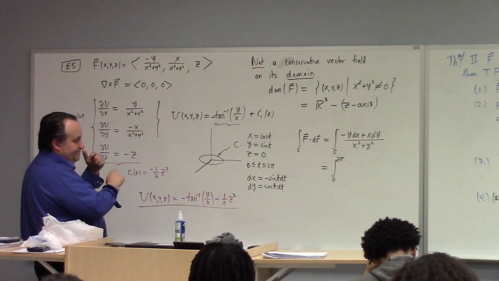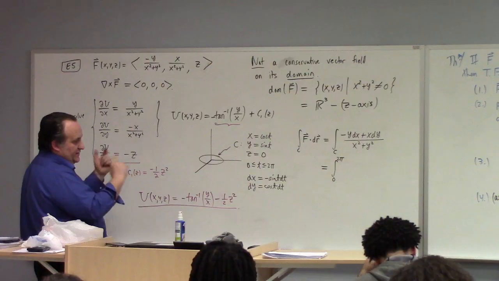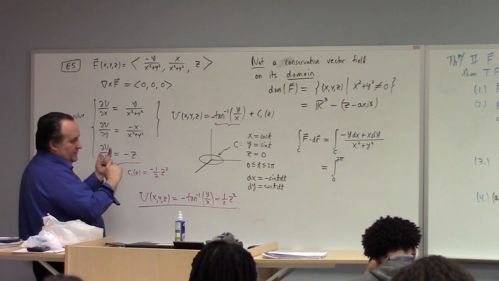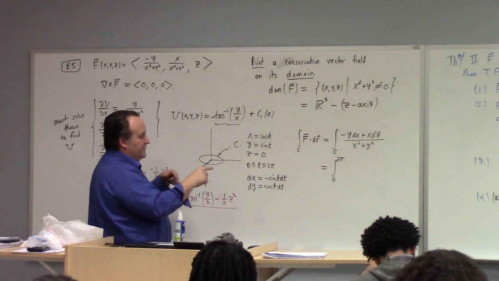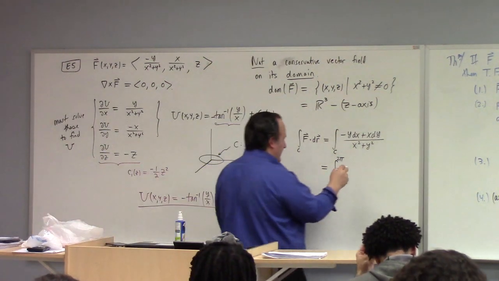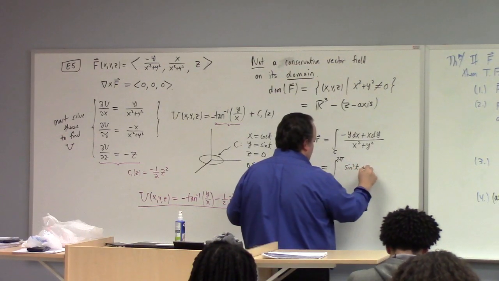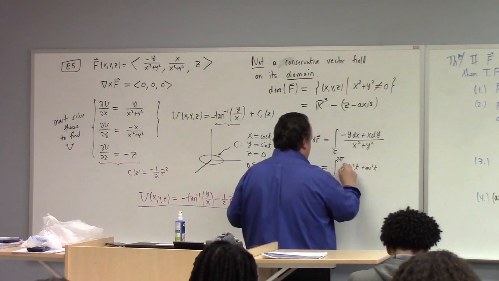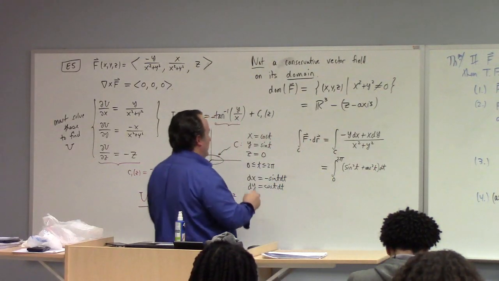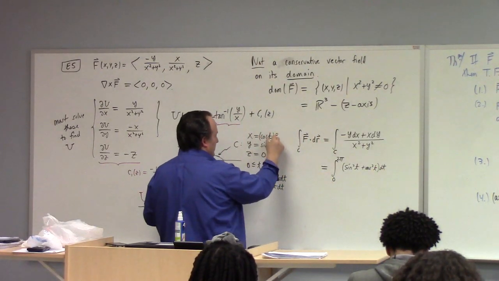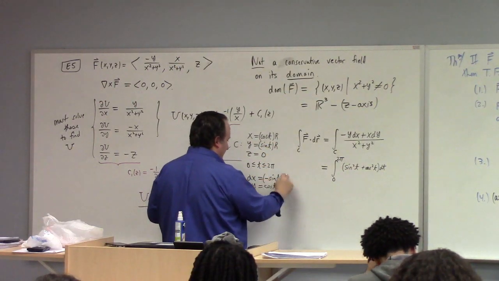And x dy is minus a minus. So I get sine squared plus cosine squared, I think, right? So I get sine squared plus cosine squared dt, right? By the way, we could have leveled this up. We could have done the circle of radius r here. Wouldn't have changed anything. Yeah?